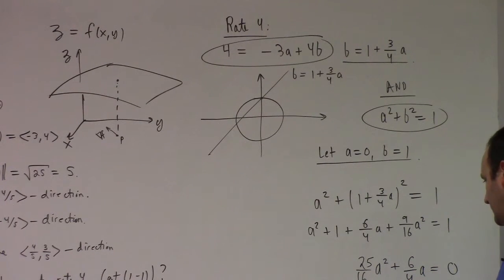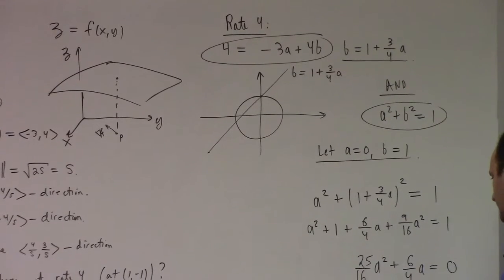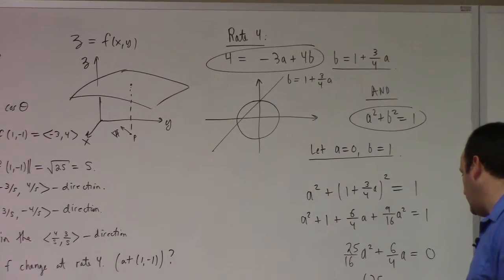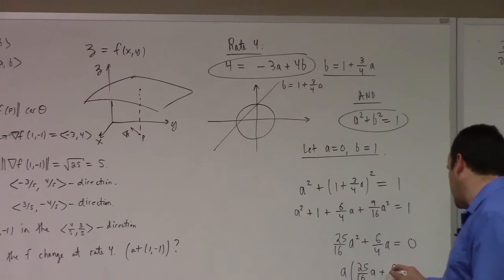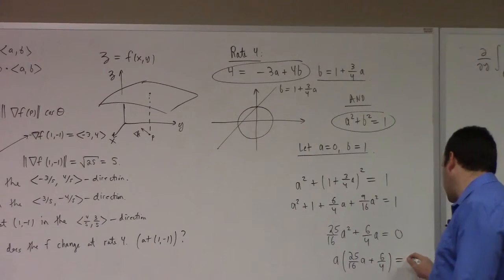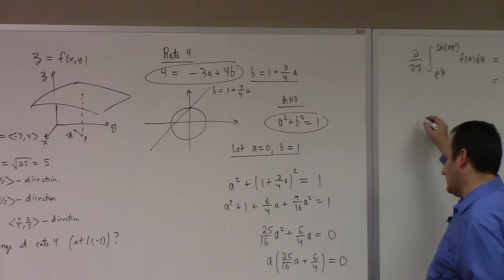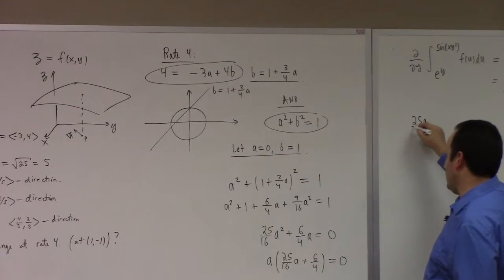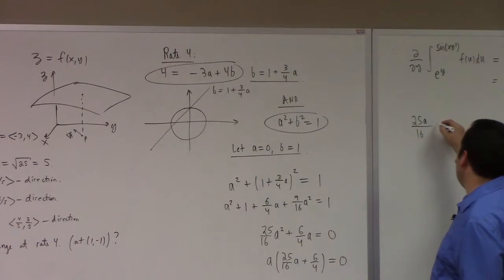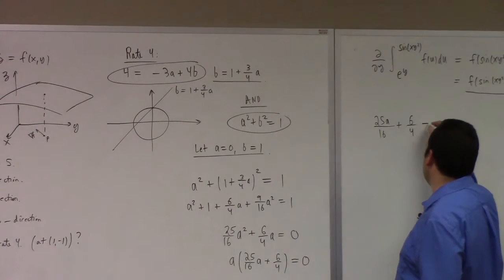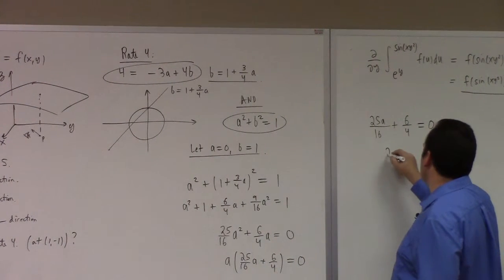So a times (25/16 a plus 6/4) is equal to 0. So the other solution that I haven't found yet is when 25 times a over 16 plus 6/4 is equal to 0, whatever that is.